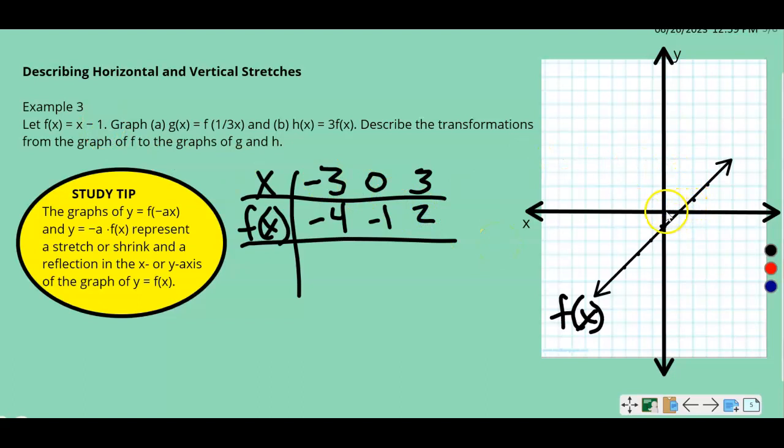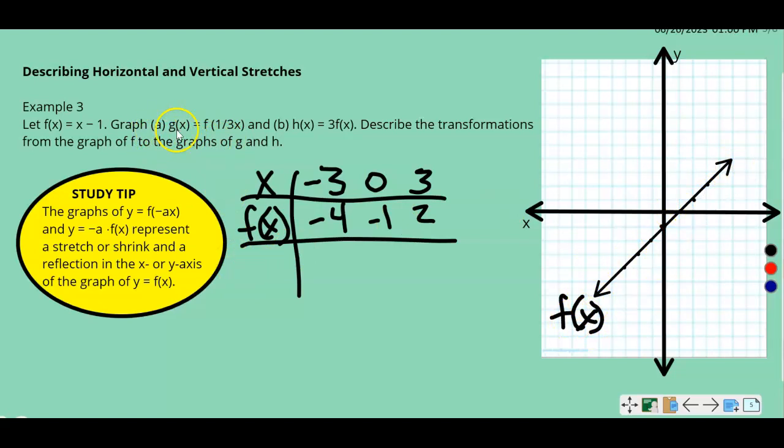So if you come over here and look, you should see -3, -4 is on there. 0, -1 is on here. 3, 2 is also on the graph. So I graphed it using your slope and y-intercept, but you can see that these points are all going to fall on this line as well.